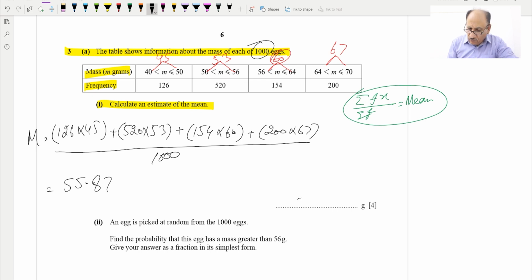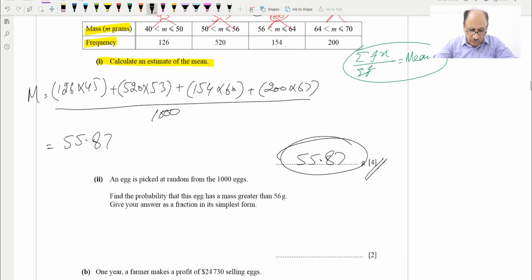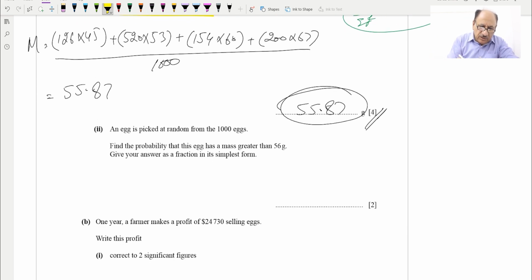So 55.87 will be the answer in grams, and 4 marks. Hopefully you understand this.